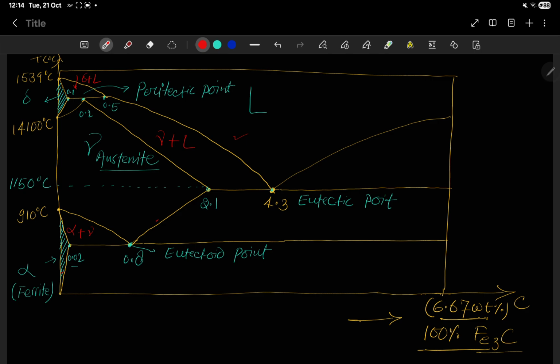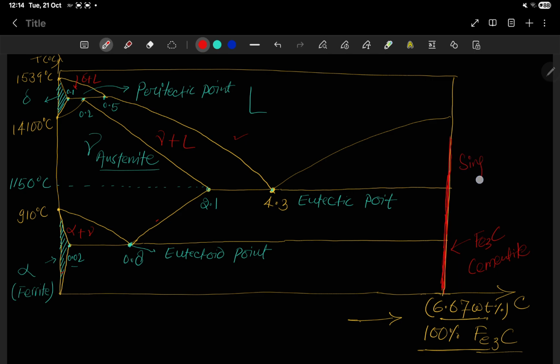And now let's see what is happening on the right side. As we have discussed earlier, this vertical line will represent cementite, Fe3C cementite.